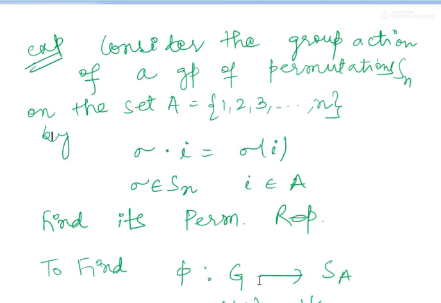So what is SA? A is this set, so actually SA is Sn. So phi is from G to G actually. So phi of G can be a subgroup of Sn.